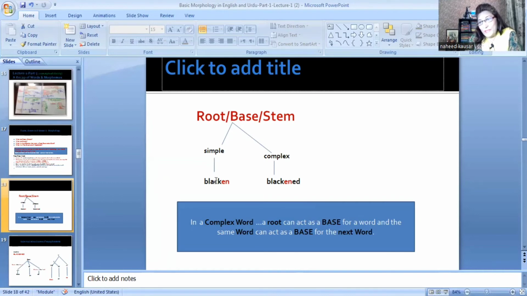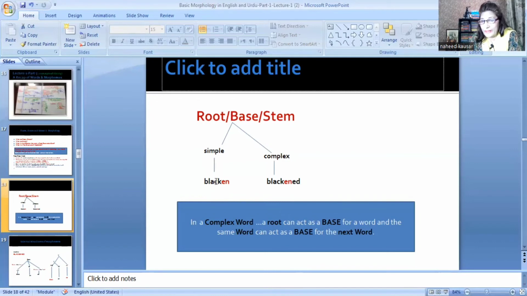I would advise you to consider this example. Once this lecture is over, try to focus on the points which I have elaborated. In the box, what I've written is that in a complex word, a root can act as a base, like black was the root.